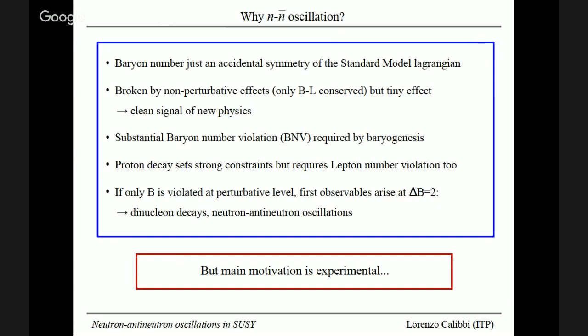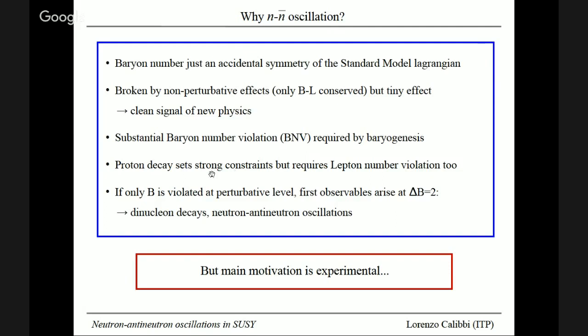So if instead we have a theory that gives substantial baryon number violation but no lepton number violation, the only new effects we can observe arise at a level of delta B equal 2, so violation of the baryon number by 2 units.